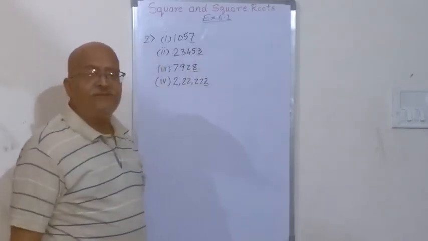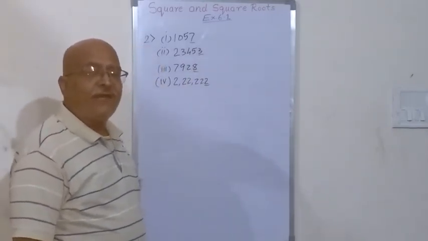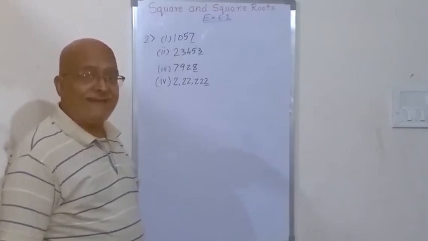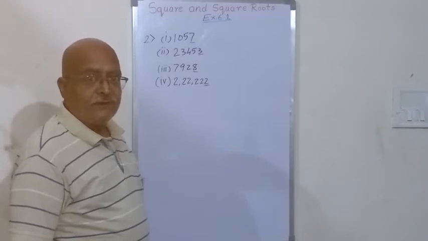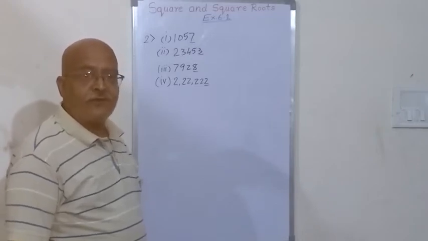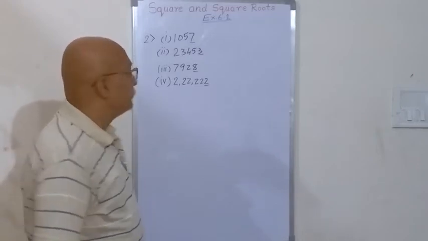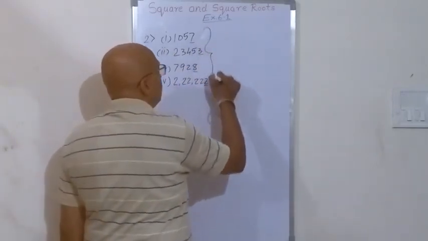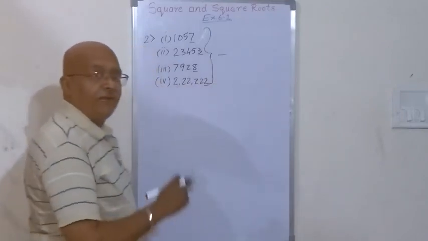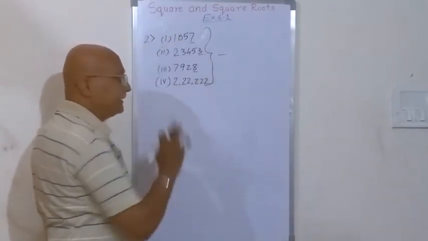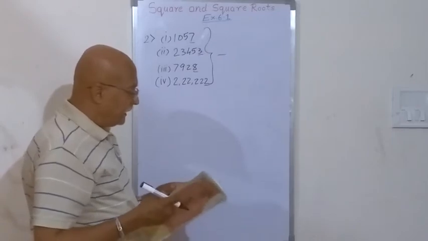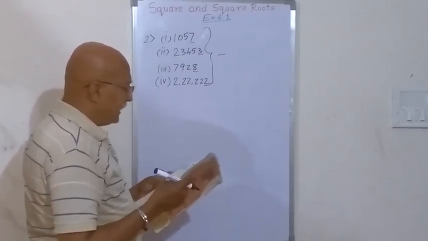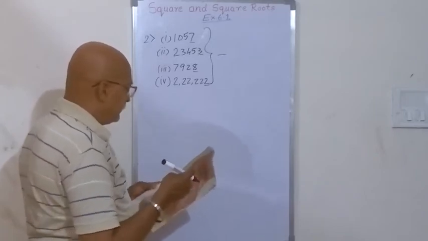When the unit place digit of any number is either 2, 3, 7 or 8, they are never the perfect square. This is the property. So the same reason we have to write for these all. Now next is fifth. Even we can include sixth one in this.